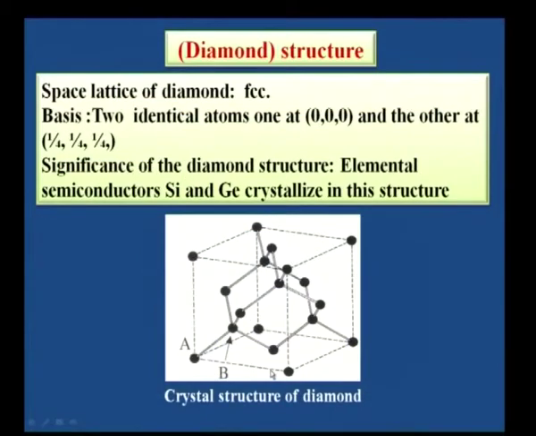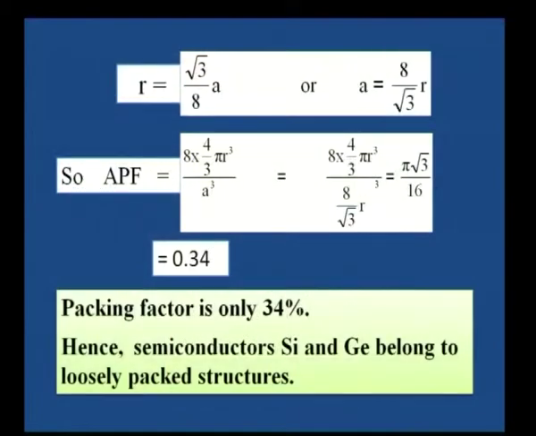Even though it looks like a very complicated structure, or the atoms are so much cramped, the atomic packing factor shows that only 34% of the cell volume is occupied by the atoms. So, what do you understand?